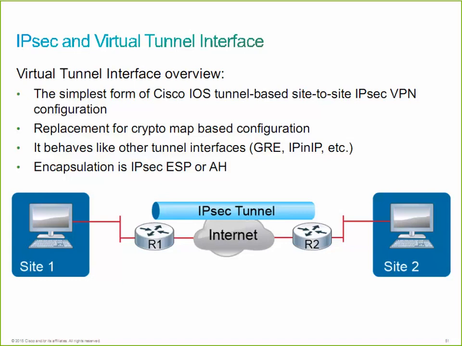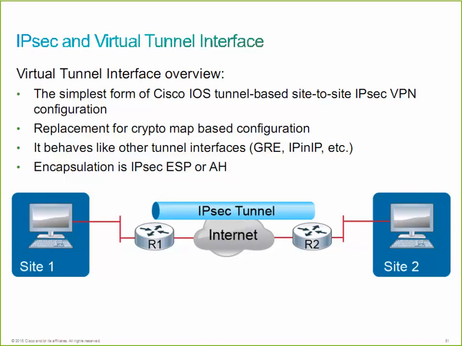I keep mentioning this idea of a routable interface type. I mentioned it a couple of times already. Because there is a routable interface at the tunnel endpoint, we can apply a lot of common interface capabilities directly to the IPSec tunnel.